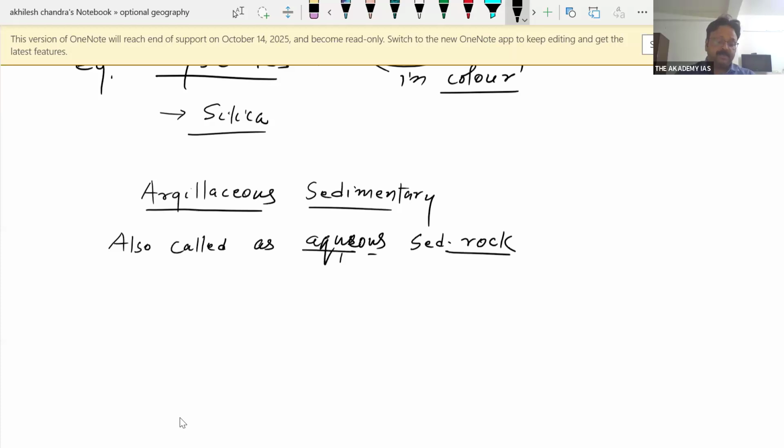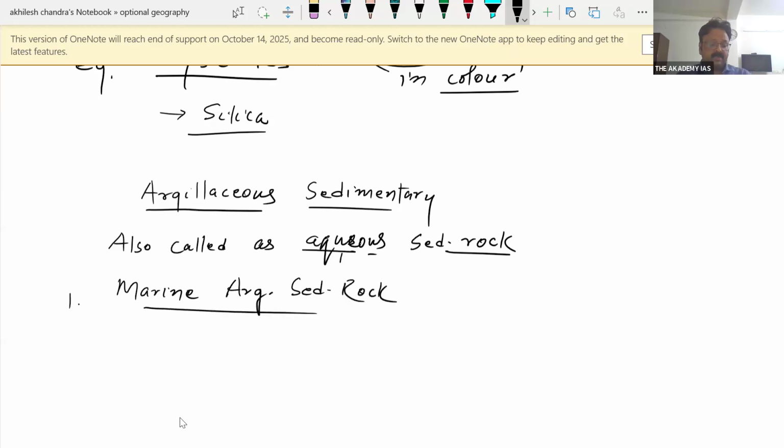It is of three types. First one is marine argillaceous sedimentary rock. Okay.